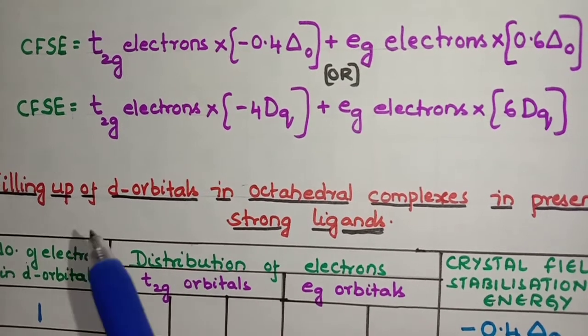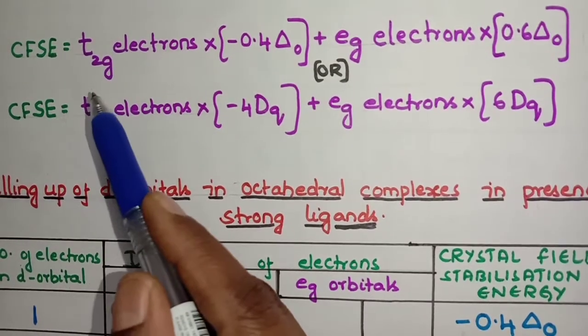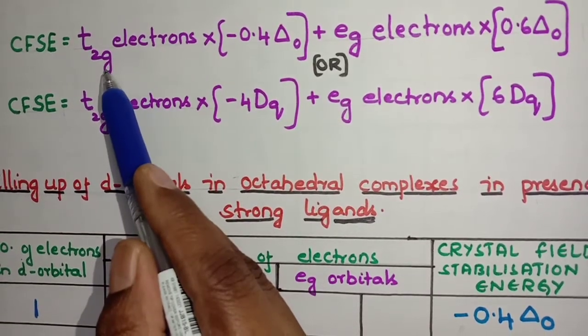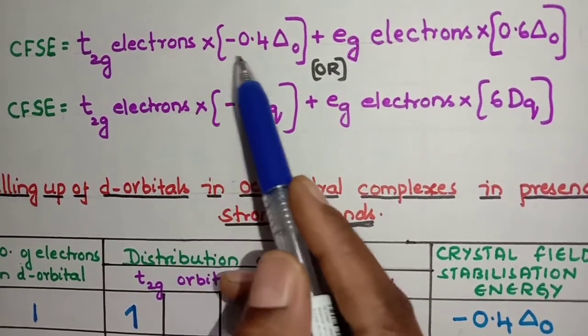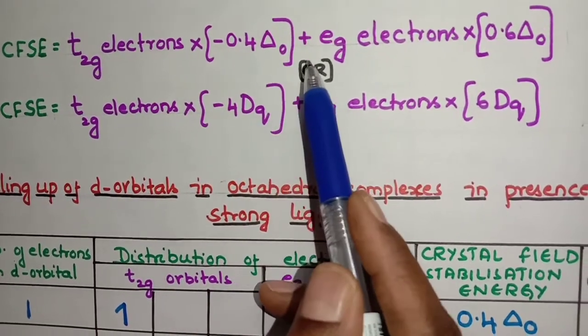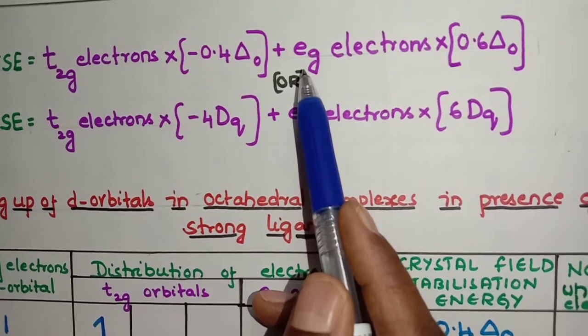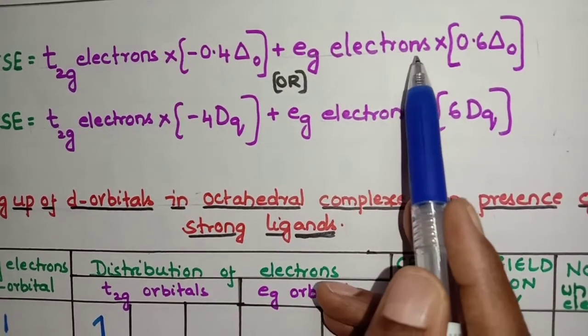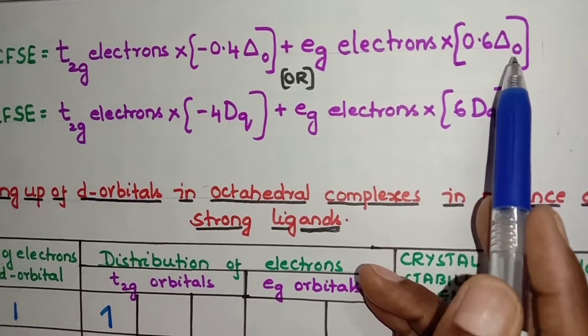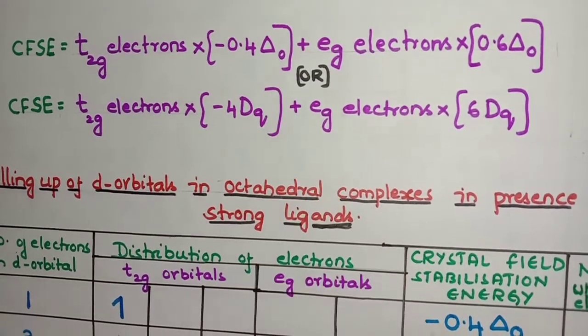Look here students, CFSE is equal to the number of electrons in T2G orbitals into minus 0.4 delta O units plus number of electrons in EG orbitals multiplied by 0.6 delta O units. What is this delta O, students? Do you remember?